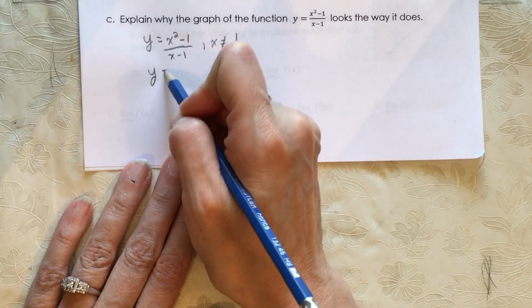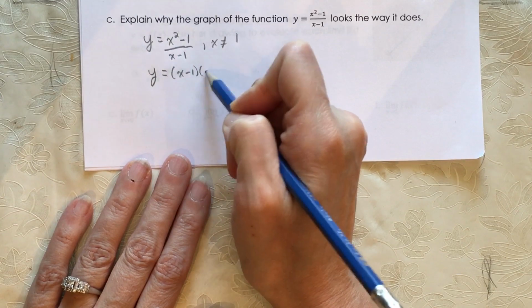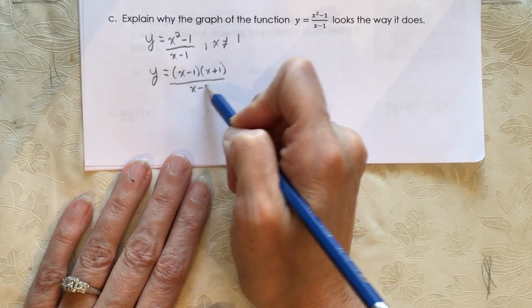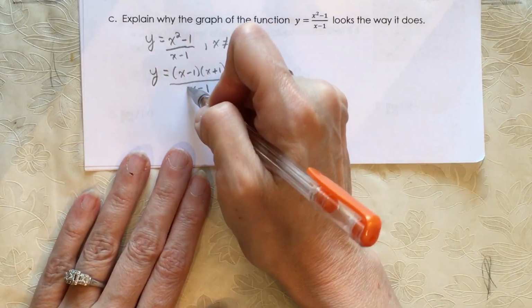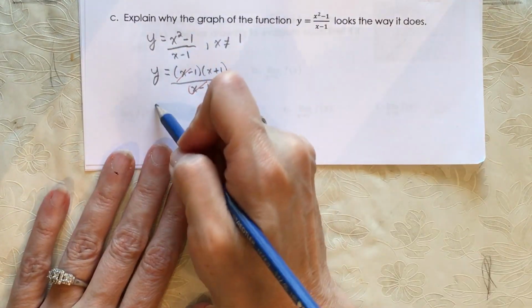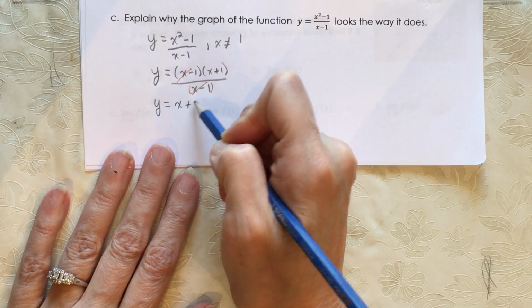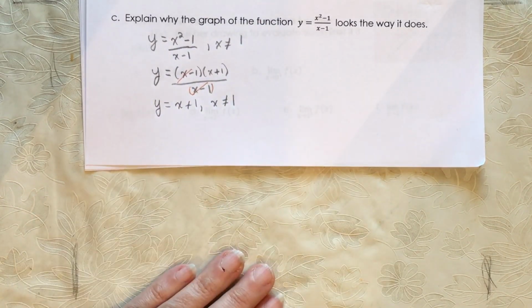Again, we can use the same strategy we used in question B, which is to factor the numerator, our difference of squares. And then we can divide out the x minus 1 because they're like factors. And we're left with simplifying this rational function into just y equals x plus 1, but we keep in mind that x can never actually equal 1.